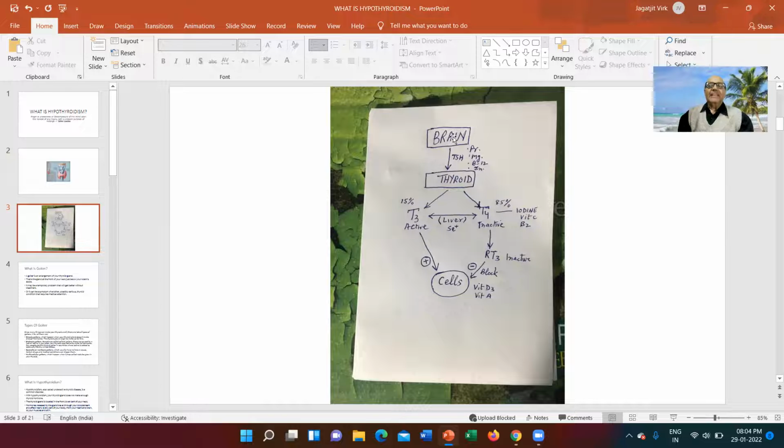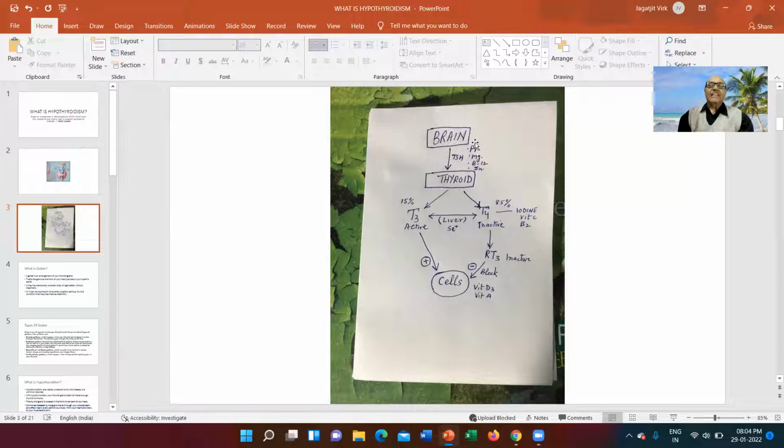This is the brain. Brain produces a hormone called TSH, thyroid stimulating hormone, and this stimulates the thyroid gland. You must know that to produce TSH, we require these four elements.